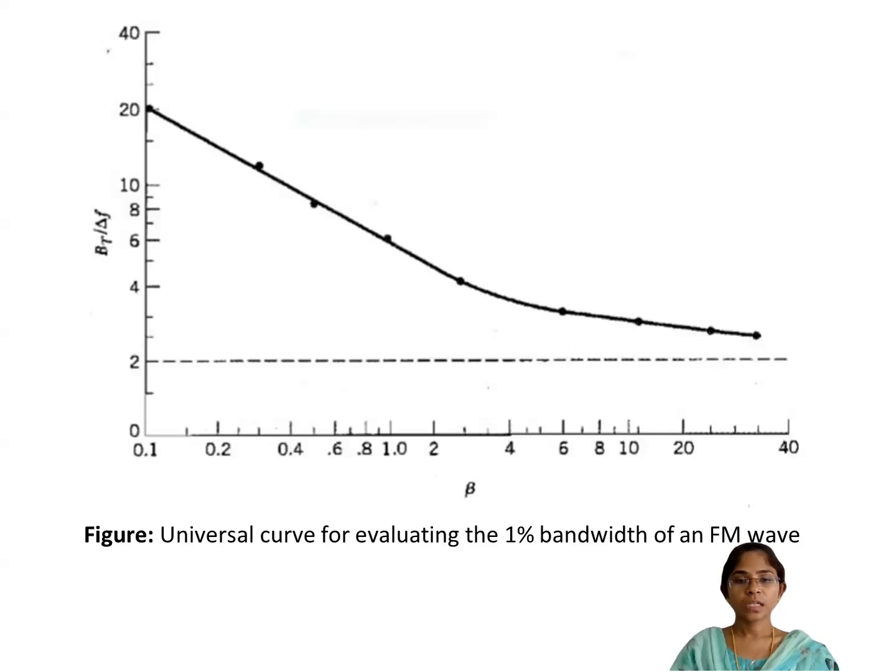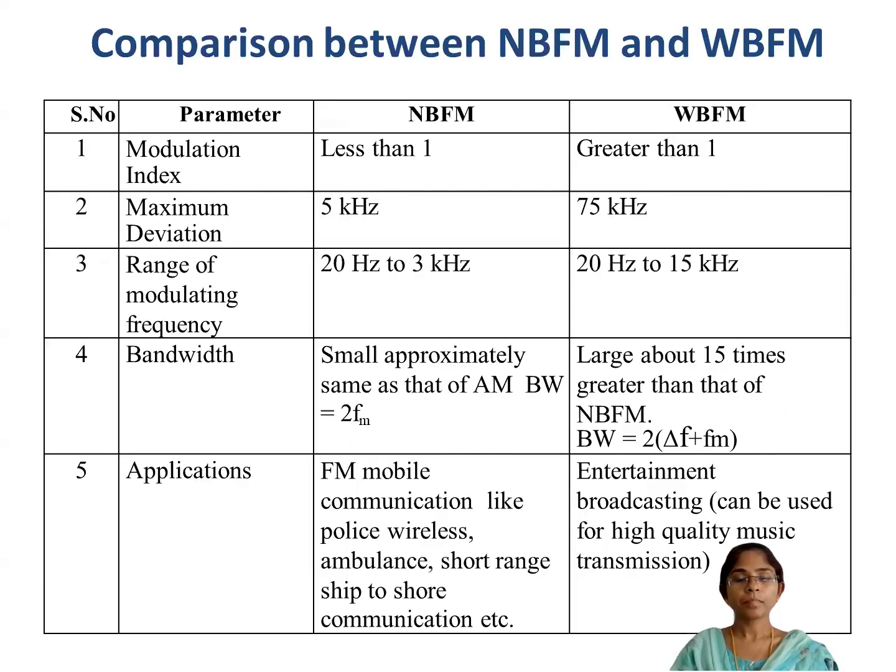This is the universal curve for evaluating the 1% bandwidth of an FM wave.